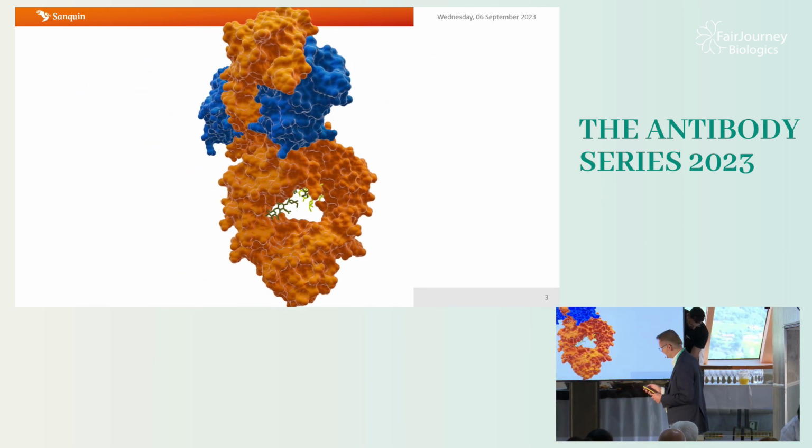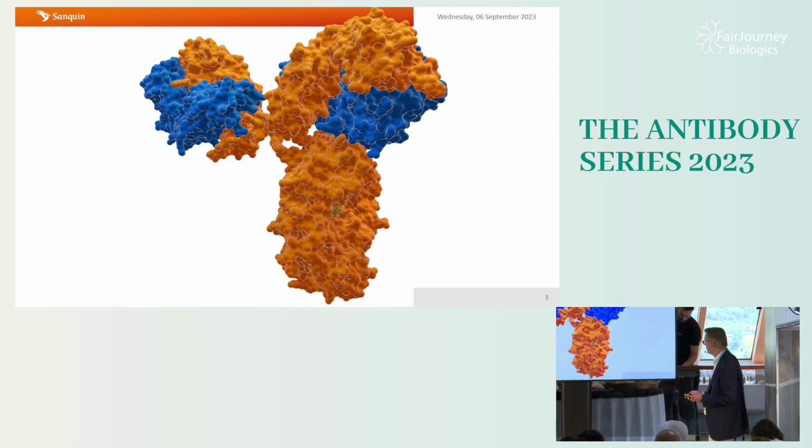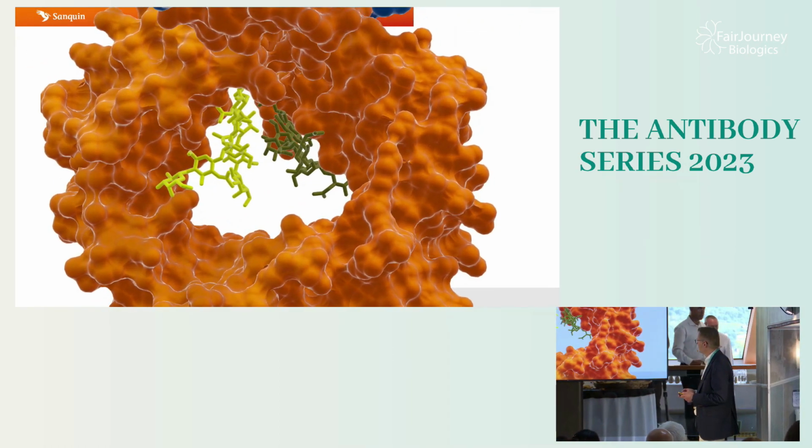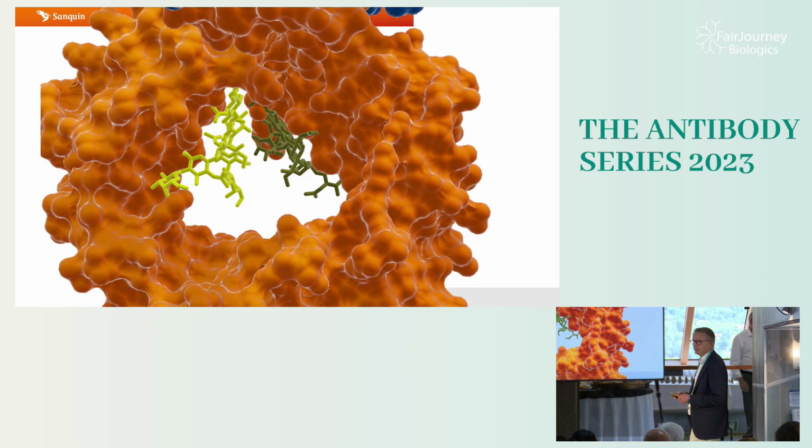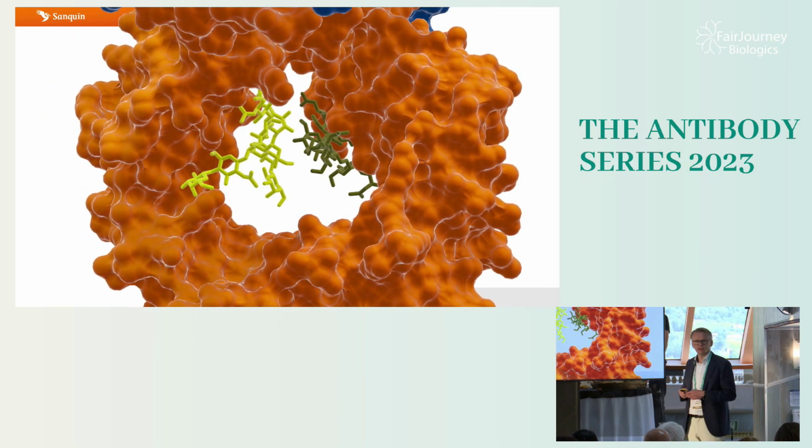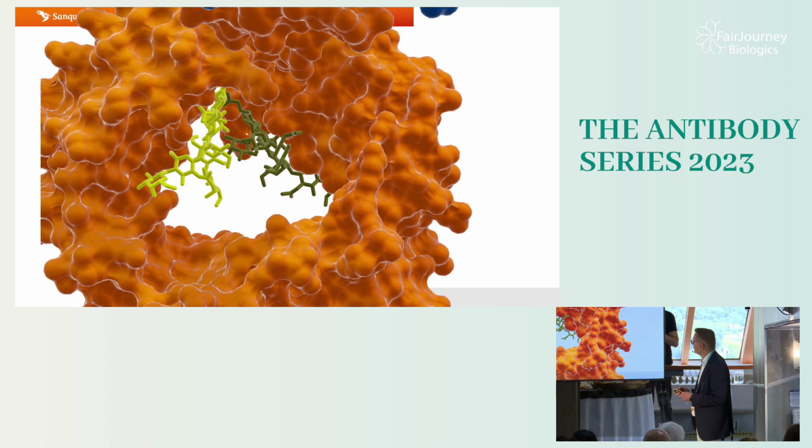Well, we all know the antibody structure, the diversity in the variable region, but we more or less have not really embraced the variability in the Fc region, which is obviously not constant.